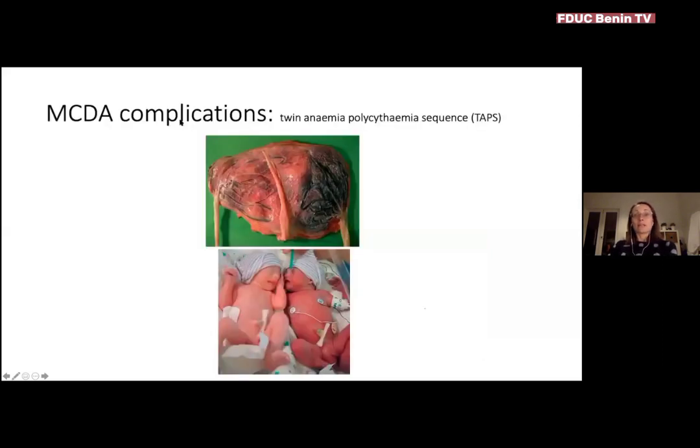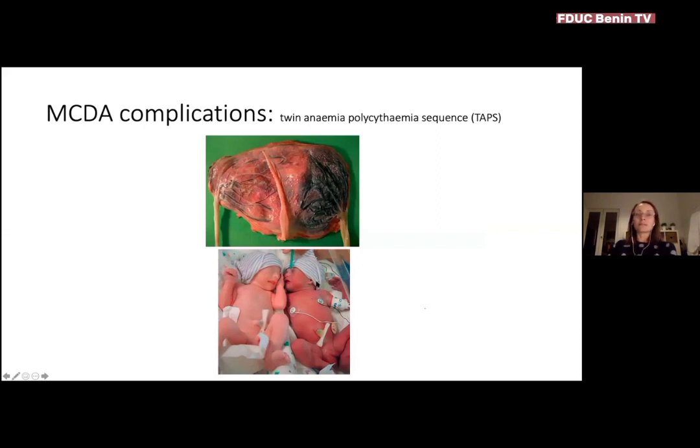And finally, another MCDA complication is the twin anemia polycythemia sequence, which you can see on pathology quite easily without injecting the placental vessels, because half the placenta looks very pale and anemic, and the other half looks very hyperemic and red.